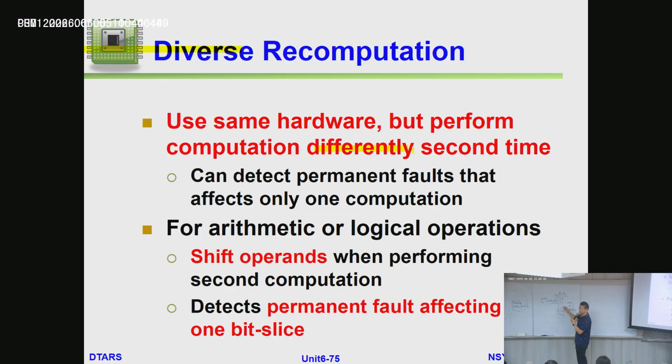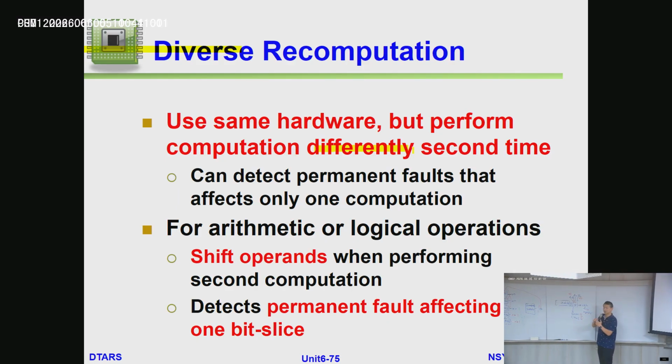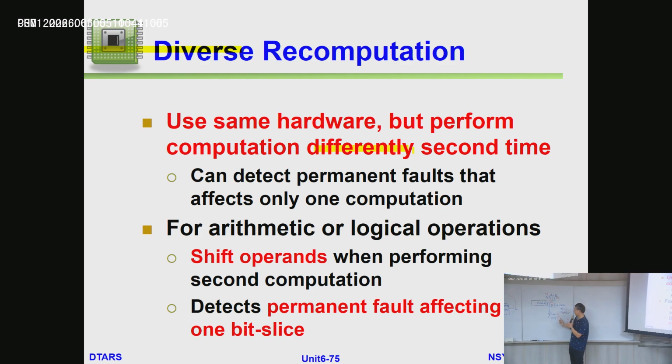If there is a stuck-at-1 fault, we get 1. If A1, B1 is 0, 1, you will find that we have two different inputs, 0, 0 and 0, 1, but the output is still 1. Then we can find there may be a permanent fault here.